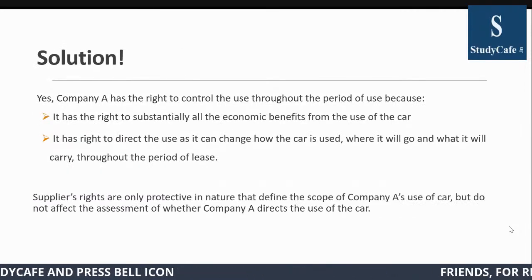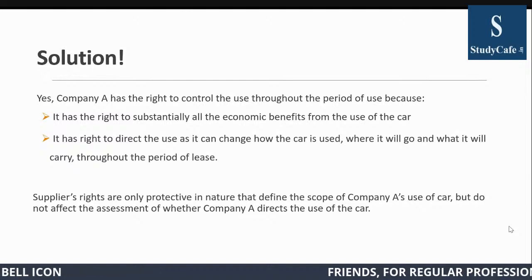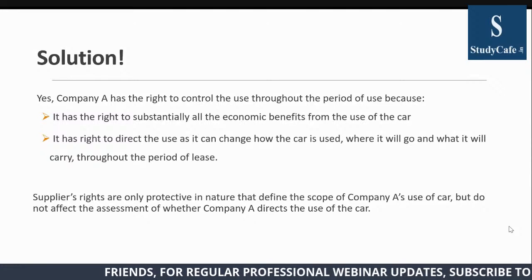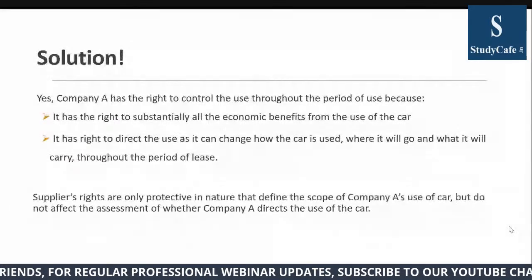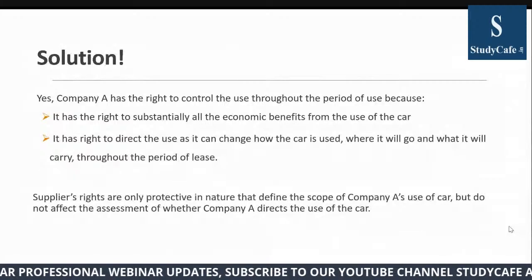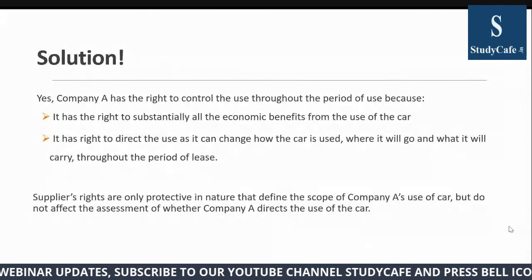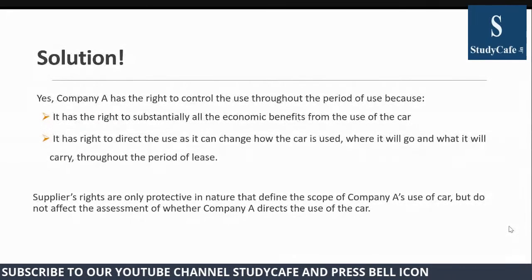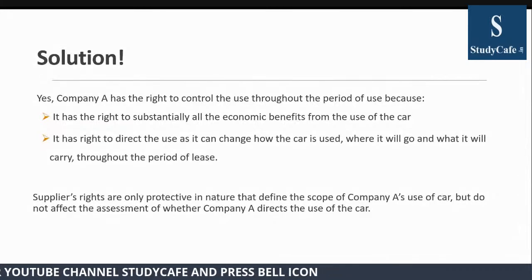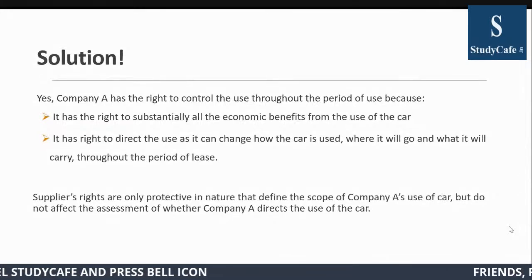Why? Because after that the car will break down. So we need to see whether Company A is able to derive the benefits within 1 lakh kilometers or not. In this case, Company A has exclusive right to everything. So we can say that the company has a right to control the use, and yes, there is a lease in the contract.